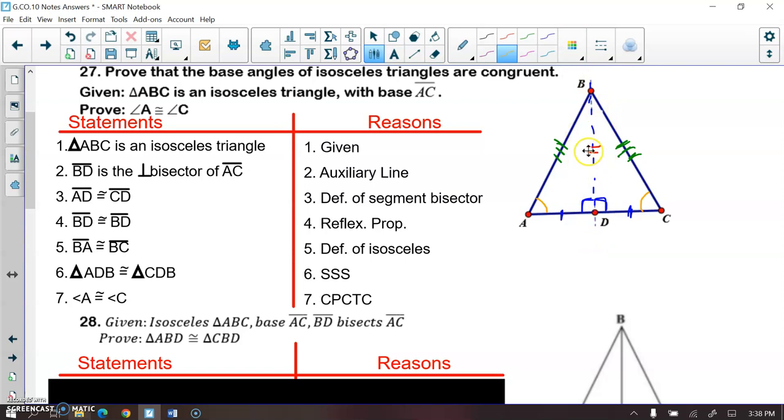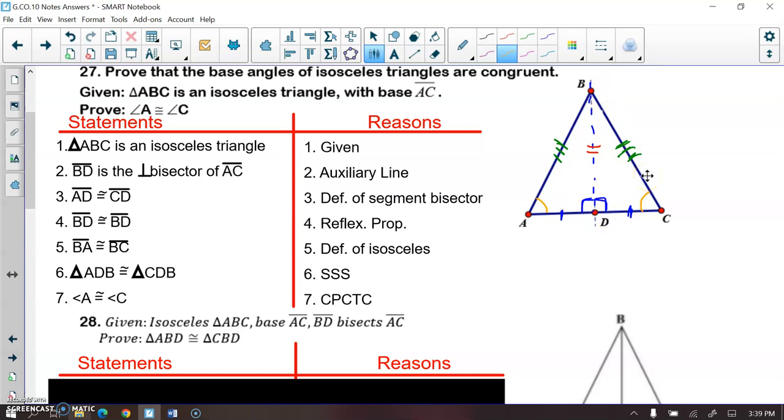Now, you could have gone a different route. You could have used the reflexive property and the definition of segment bisector here. But then you could have also used the definition of perpendicular to say that these angles here are right angles. And then you could have said by the right angle congruence theorem that these were congruent. And then you could have proved the triangles congruent by SAS.